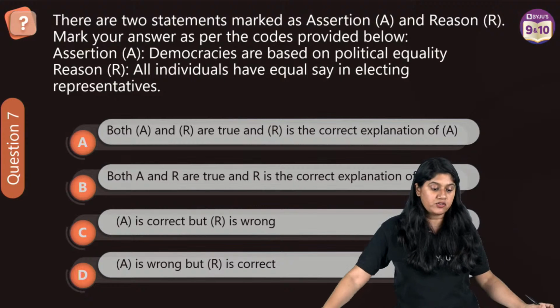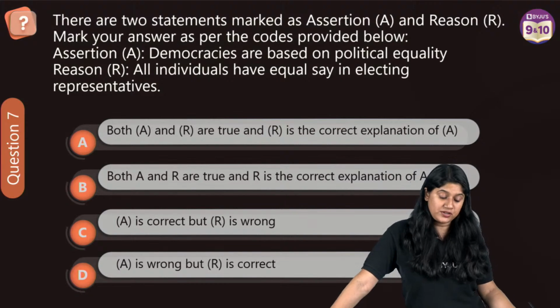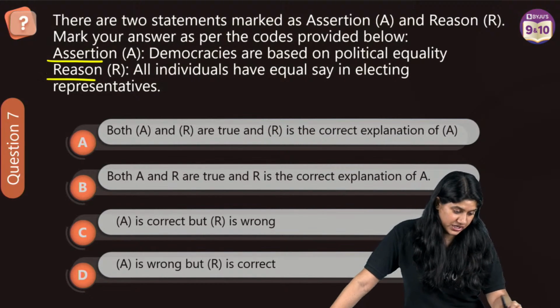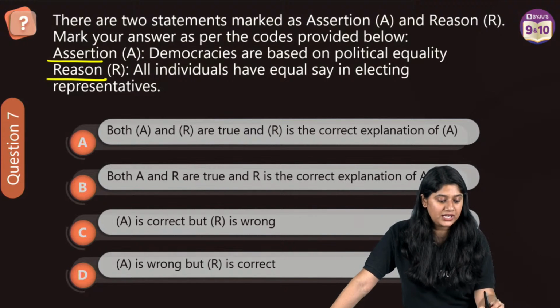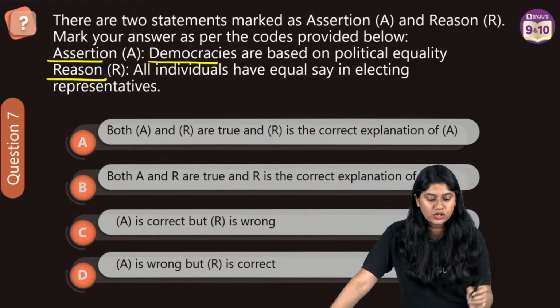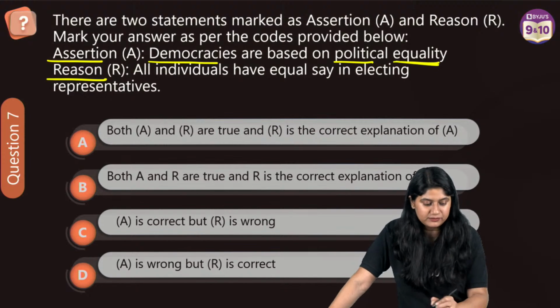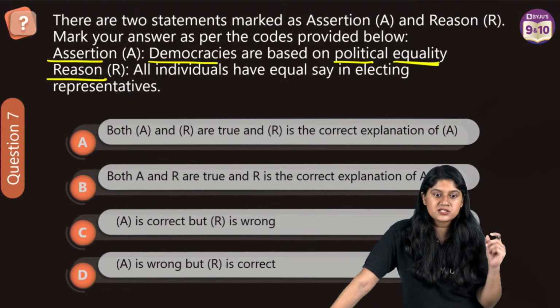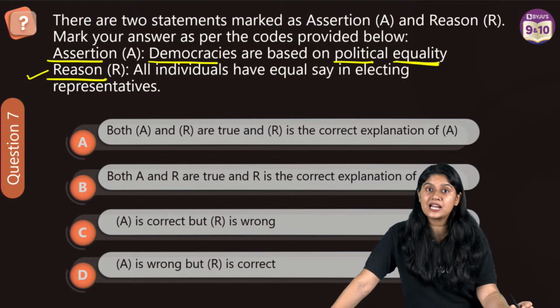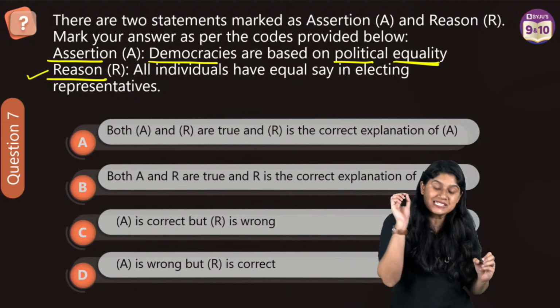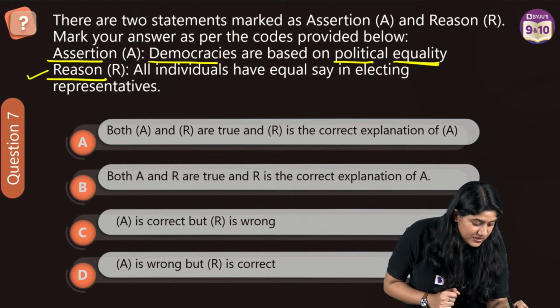Here we have the question from the Pol Science. And this is assertion and reason. 2 statements that we have. Statement A, the assertion, talks about how democracies are based on political equality. Okay. This statement definitely makes some sense, right? The reason for that is that all individuals have equal say in electing representatives.